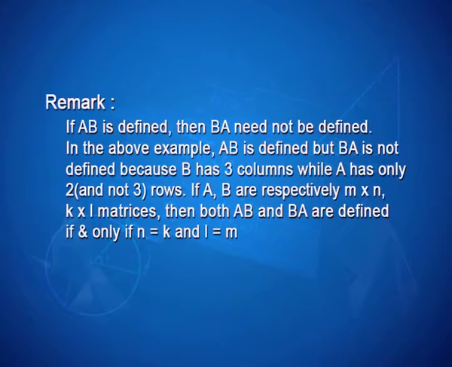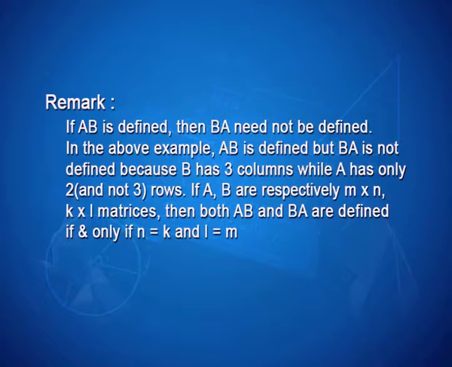If AB is defined, then BA need not be defined. In the above example, AB is defined, but product BA is not defined because B has 3 columns while A has only 2 and not 3 rows.